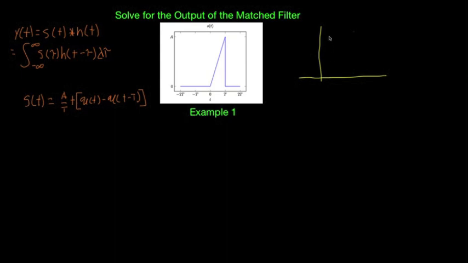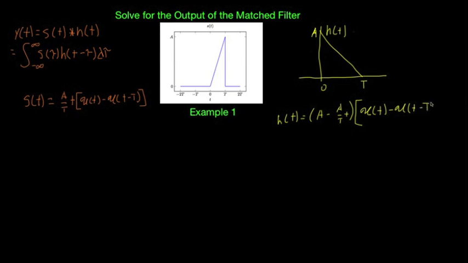We found that h of t looked something like this, and then we found that h of t was equal to A minus A over capital T times little t, all of this times the quantity of u of t minus u of t minus capital T. And basically from here we can begin the process of solving for the output of the match filter.